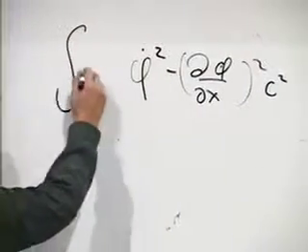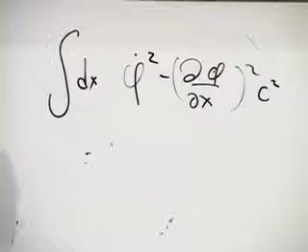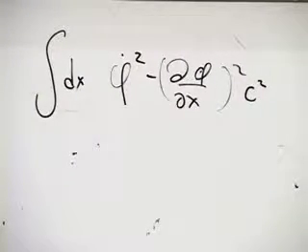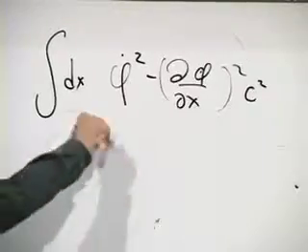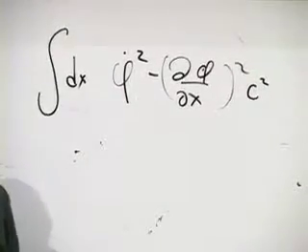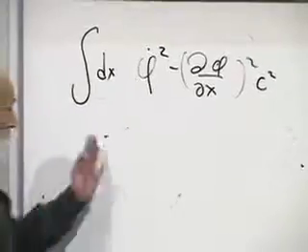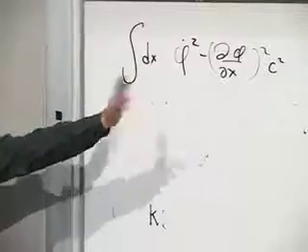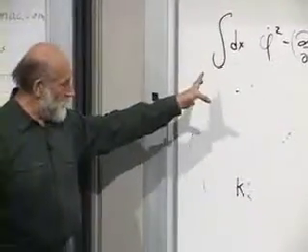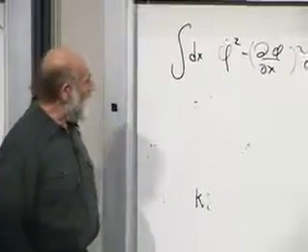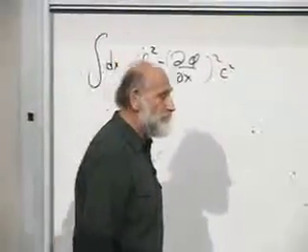Strictly speaking, the Lagrangian is the integral d3x of this, but this is the simple case for a one-dimensional string, and I just don't feel like writing the remaining terms. Can you spot any symmetry?